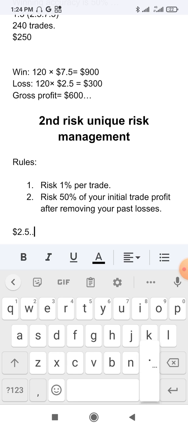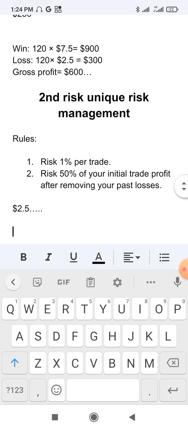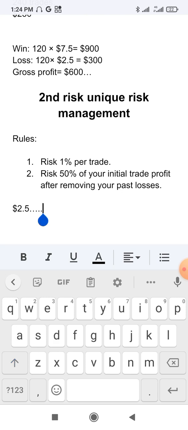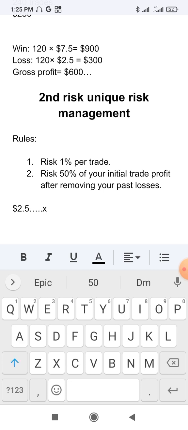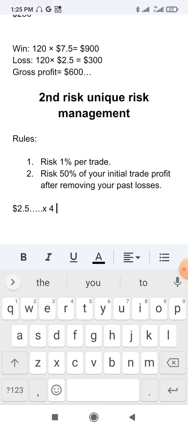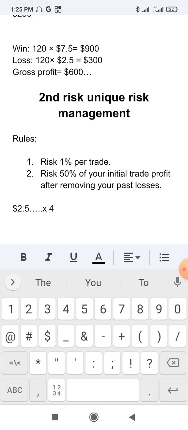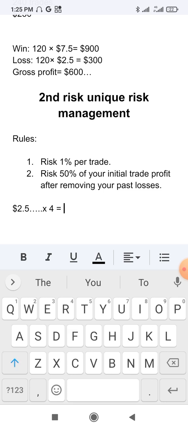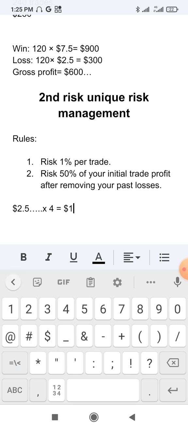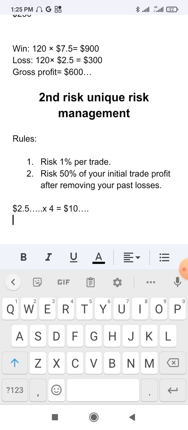That's your risk on a particular trade. Now let's say you've had 4 losses consecutively. So 2.5 times 4, that means you must have lost $10 on 4 losing trades.